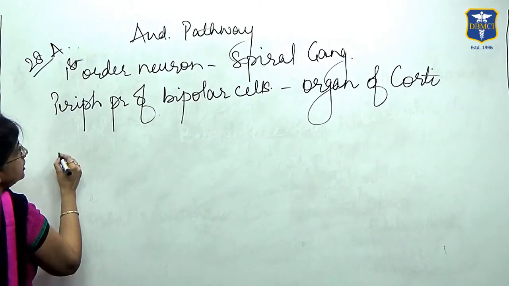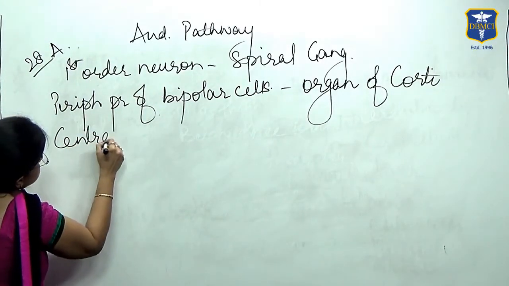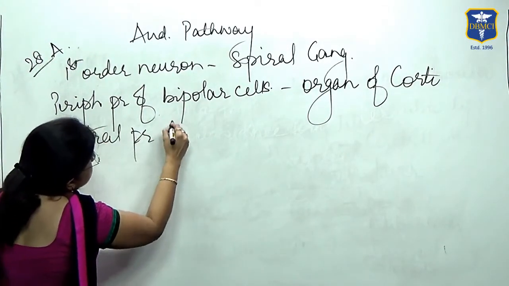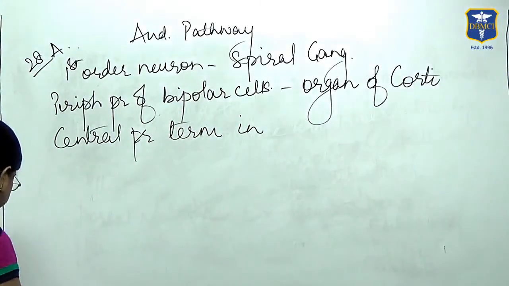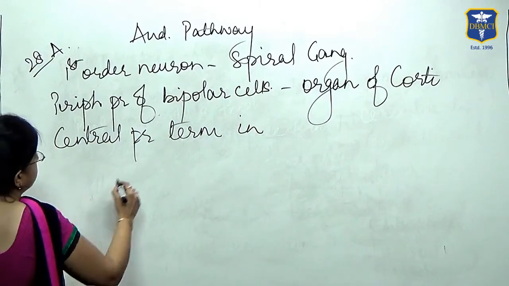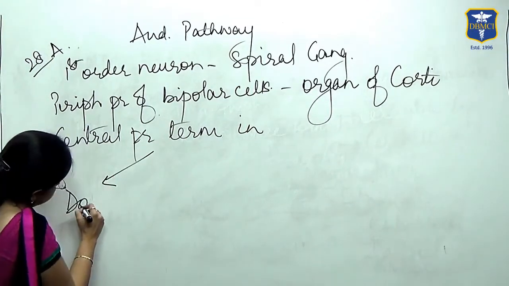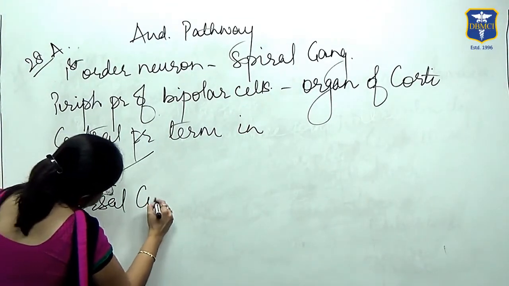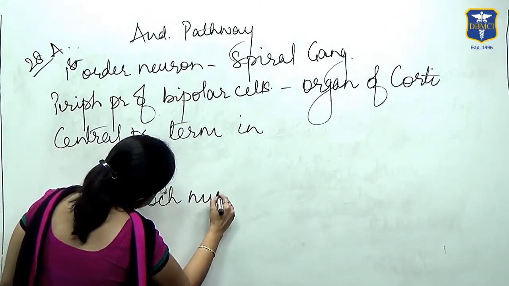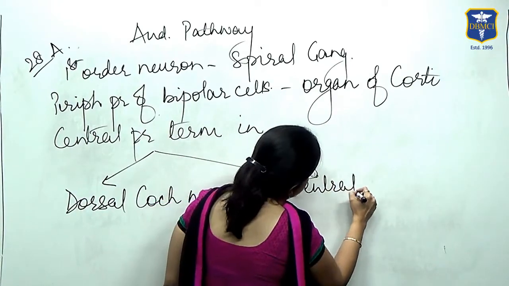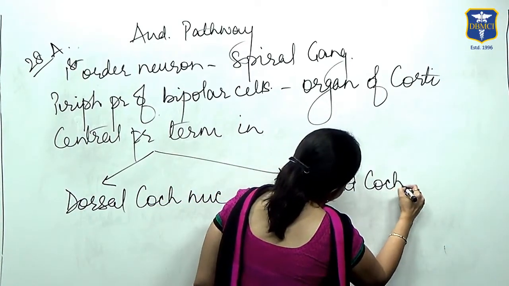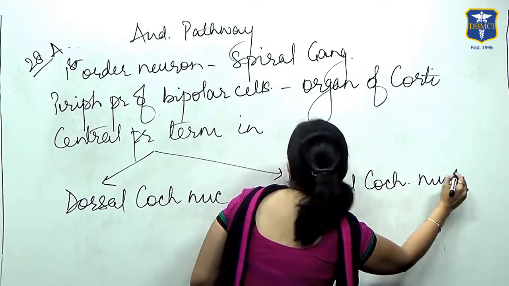The central processes terminate in dorsal cochlear nucleus and ventral cochlear nucleus.